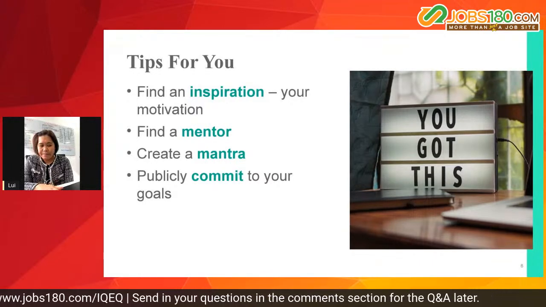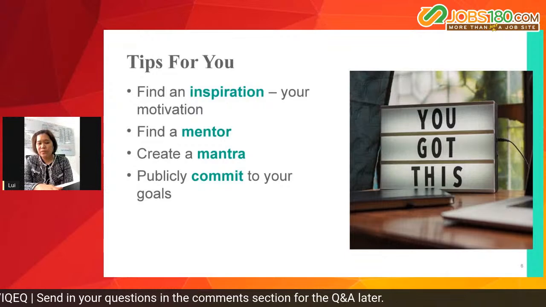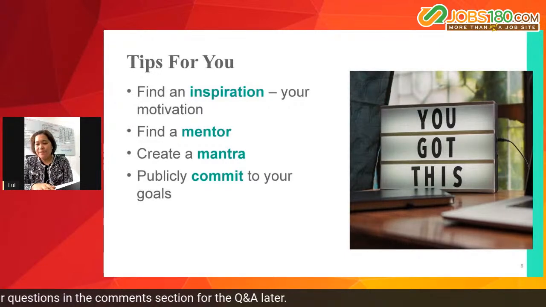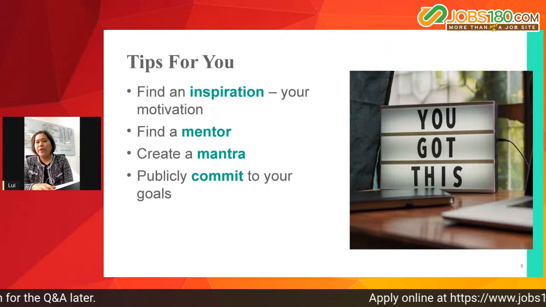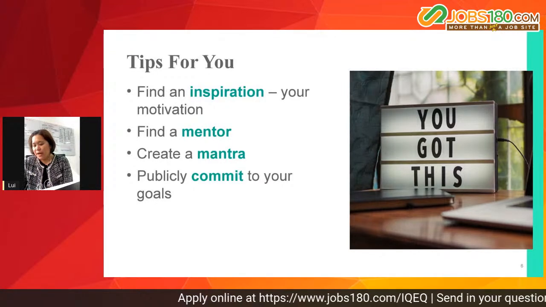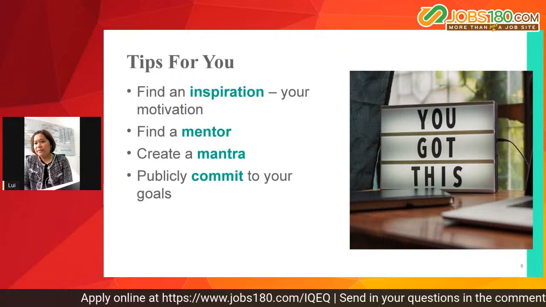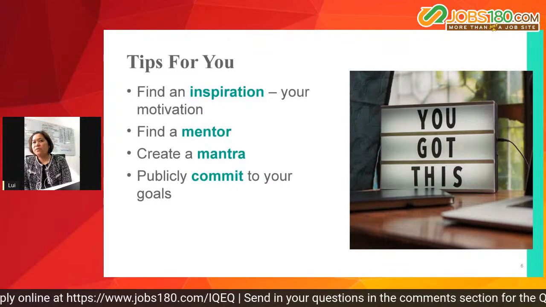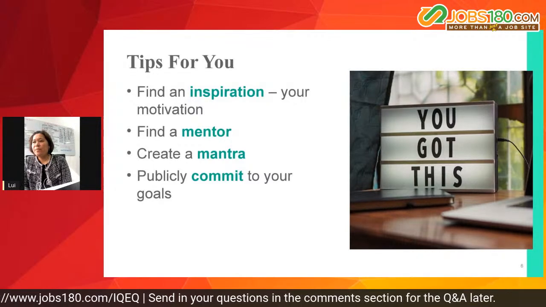Alright. And then number 2 is you have to find a mentor or someone that can help you with your goal. So for example, katulad nung sinabi ko kanina, if you run, your goal kunwari is to be able to join a marathon.